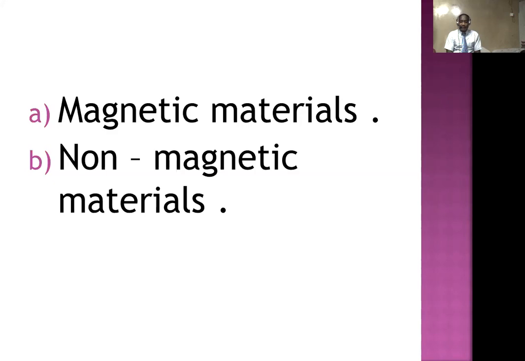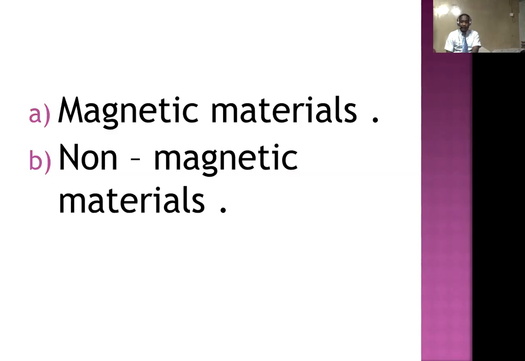Examples of magnetic materials are tin, iron, nickel, steel, cobalt, chromium, and alnico.